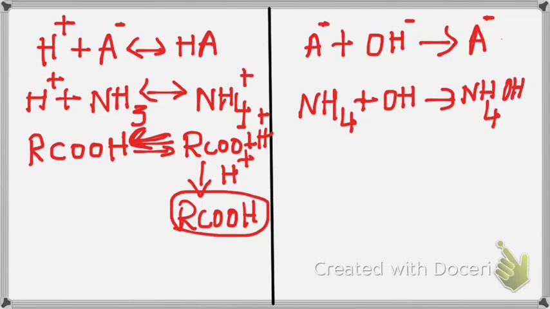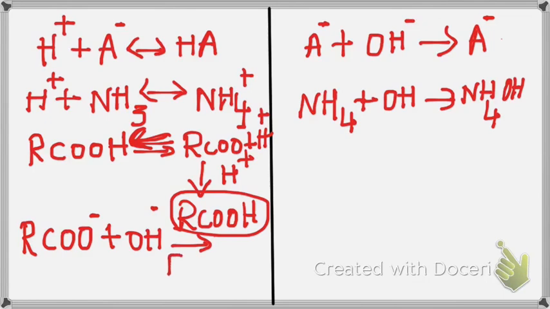Similarly, what happens to this acidic drug in the basic medium? When the aspirin enters the basic medium, the ionized form of the drug exists in the ionized form itself. There is no reaction in the basic medium. So weakly acidic drugs remain ionized in the basic medium.